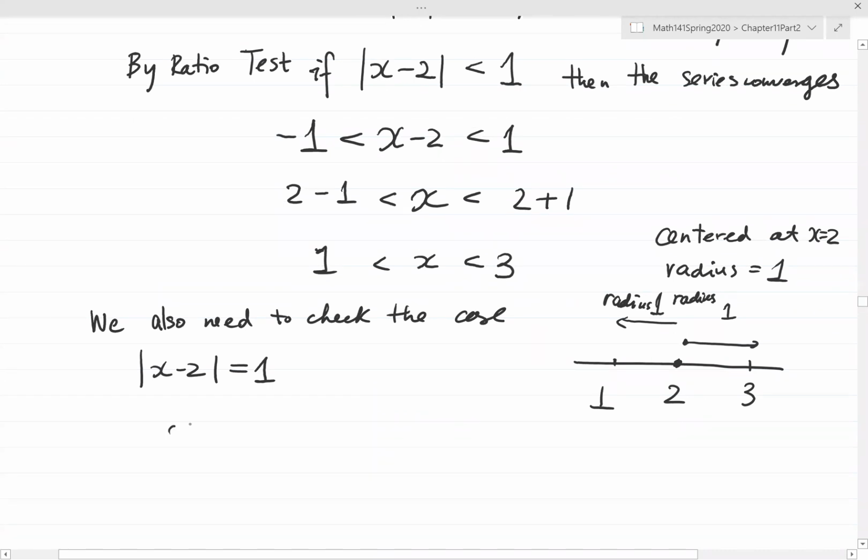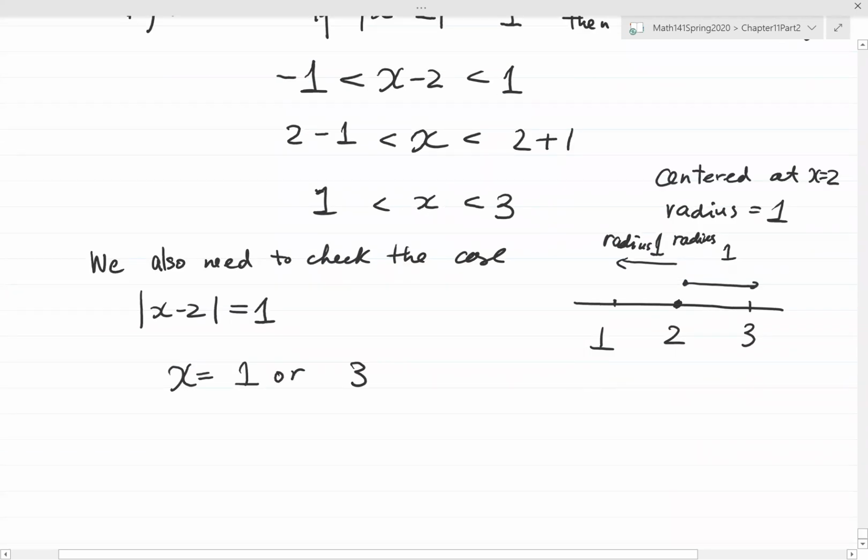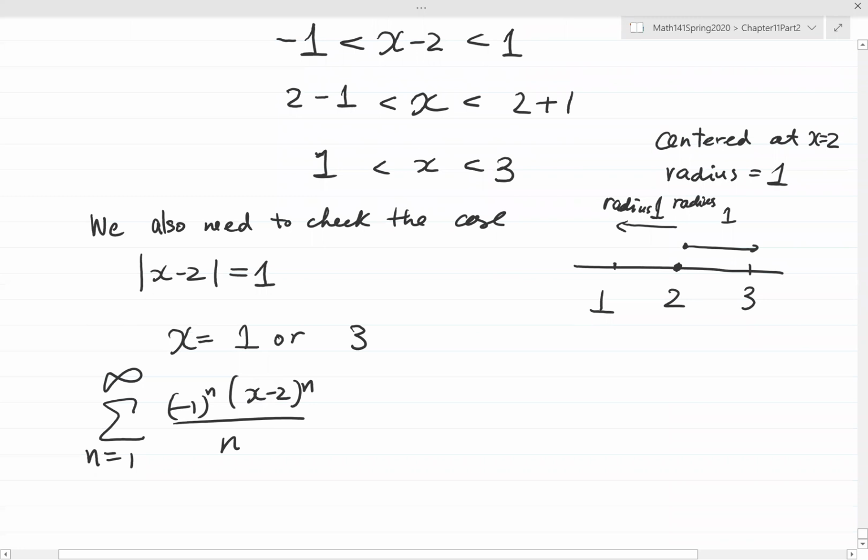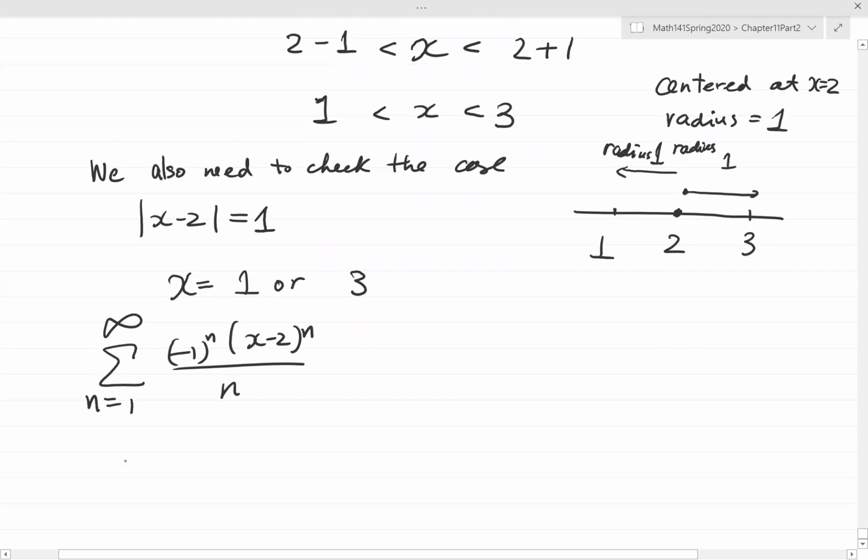In this case, we have x equals 1 or 3. So we need to plug in and see what happens if x is 1. Remember the series is the sum from n equals 1 to infinity of negative 1 to the power n, x minus 2 to the power n, over n. If x is 1, then the series is the sum of negative 1 to the power n, times negative 1 to the power n, over n.